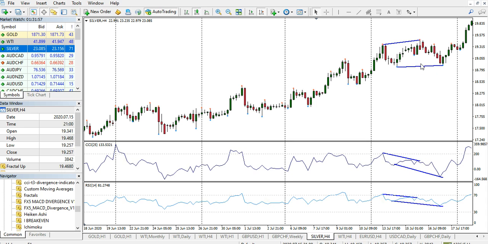So you could have already begun to enter into this market once you saw this being formed here, that this low was higher than this low, and then it saw the disagreement on the oscillator. Once you begin to spot that, then you can begin to enter with proper risk management, of course, in the event that it doesn't work out.